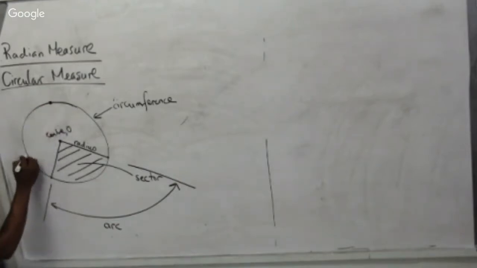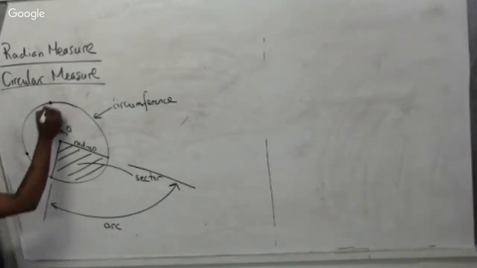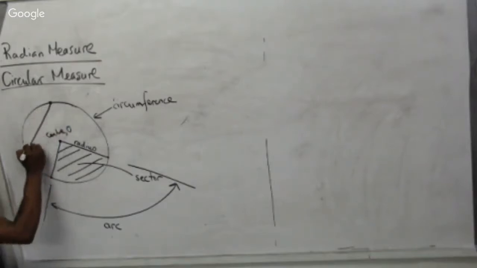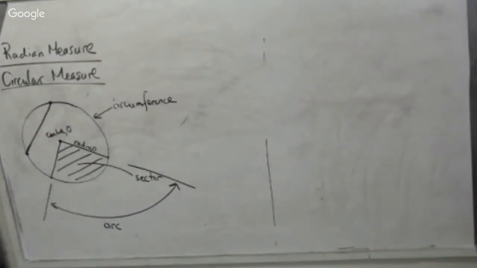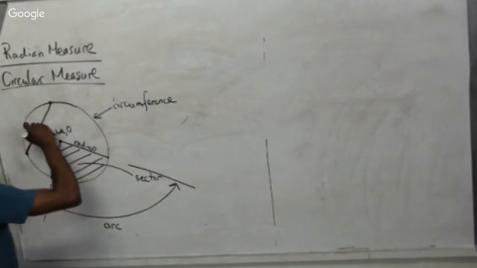A line connecting two parts of the circumference without passing through the center is called the chord.